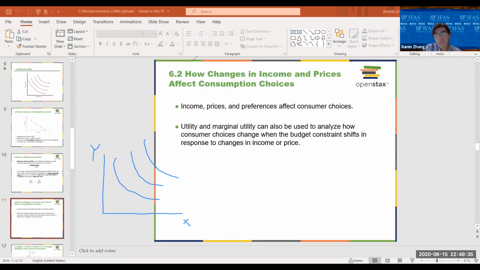Remember we mentioned the budget constraint. The budget constraint is how we can allocate our money on those two goods based upon their price, right? And usually we will draw a straight line like this. Since this is a tangent point, if we have a low income or low budget constraint, then we probably end up here.